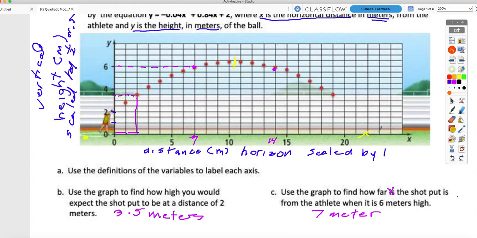So 1, 2, 3, 23.16 is probably going to be about right there. And we also know that if we go a distance of 16 meters, this height right here is 5.2. So that ordered pair is (16, 5.2).